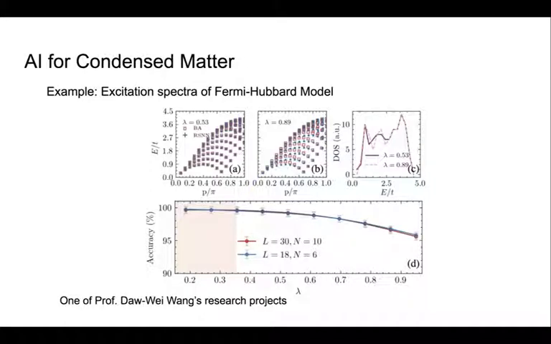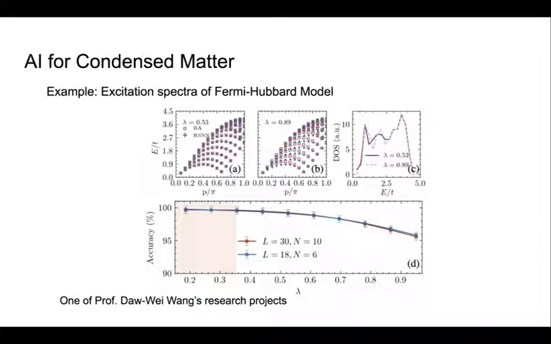Last but not least is the AI application in condensed matter physics. One of the fundamental questions for condensed matter physics is to solve the Hamiltonian of a quantum many-body system. This plot shows you an example, the excitation spectrum of the Fermi-Hubbard model, a widely used model in solid-state physics.